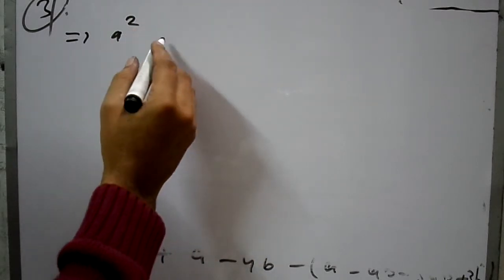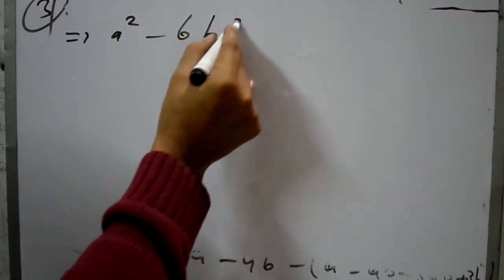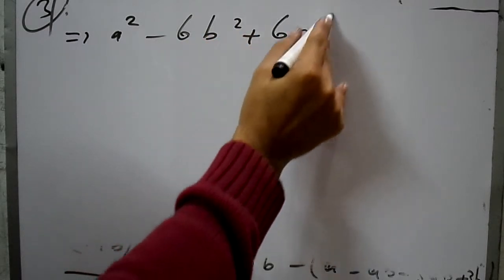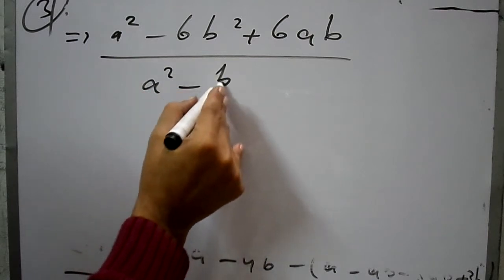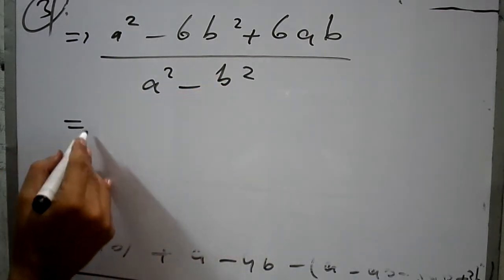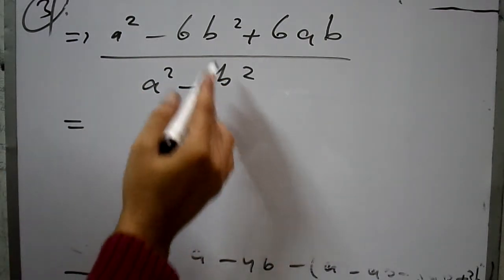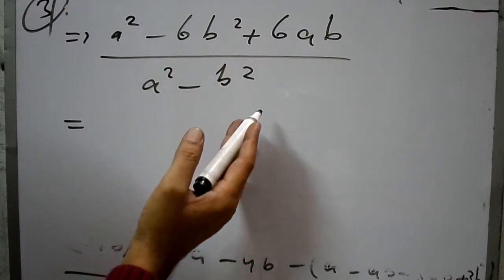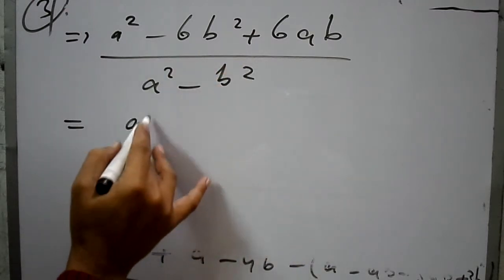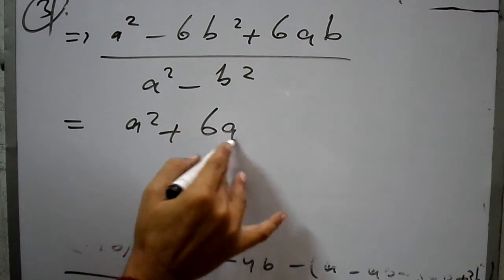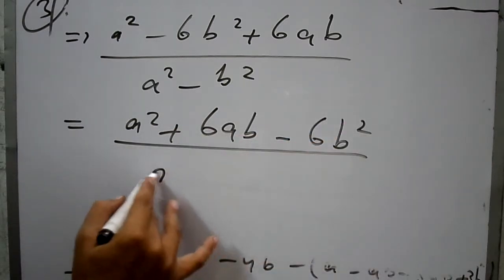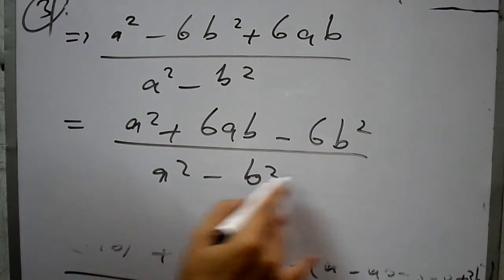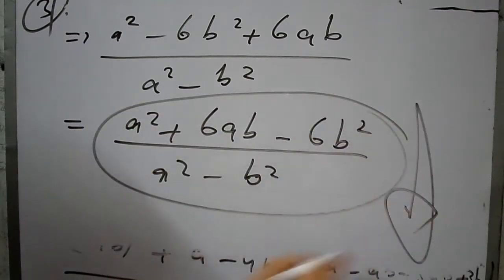After addition and subtraction you will get minus 6b square plus 6ab divided by a square minus b square. So you can say that is your simplified result, or you can write as a square plus 6ab minus 6b square divided by a square minus b square. So that is your answer.